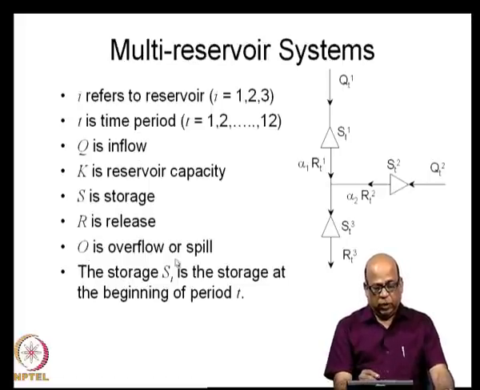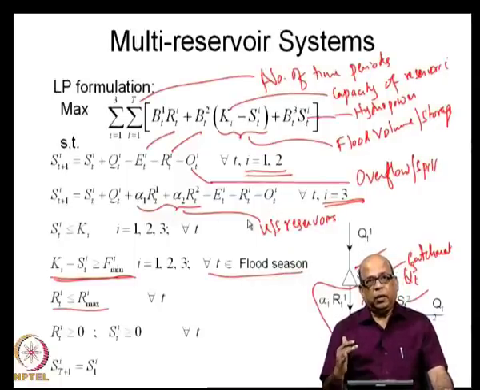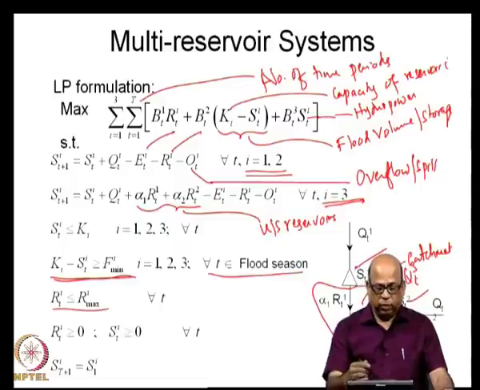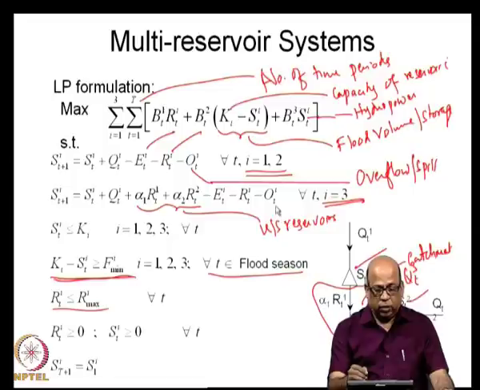The spill or overflow that we have included in the continuity equation may create some problem when you are solving this particular optimization model, because of the continuity equation. So, you may have several continuity equations.